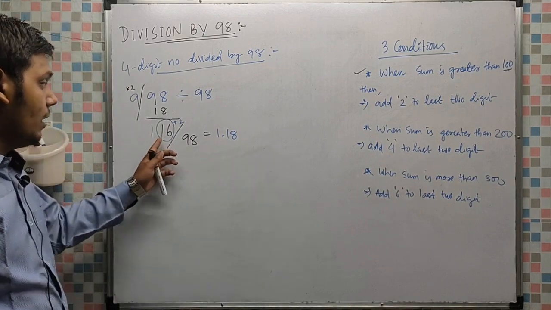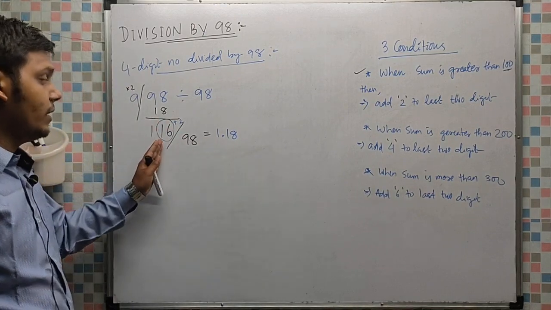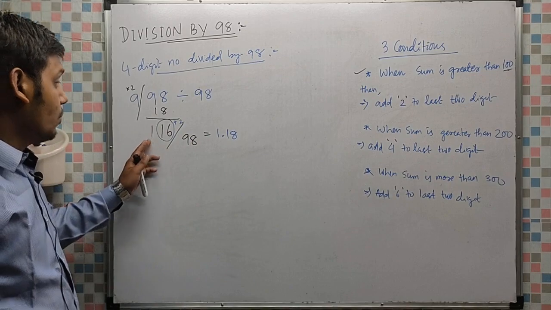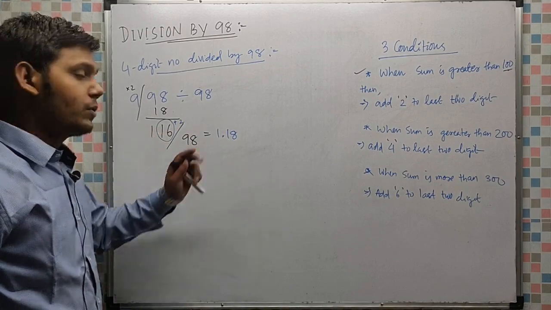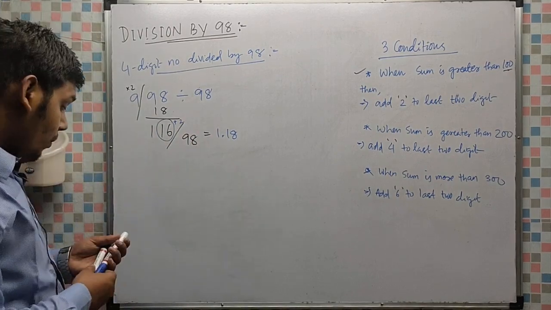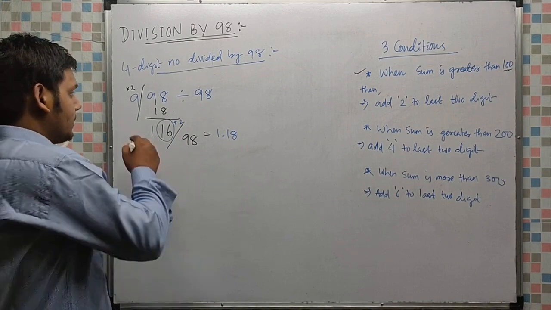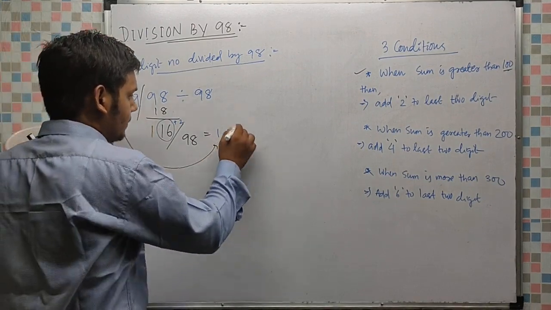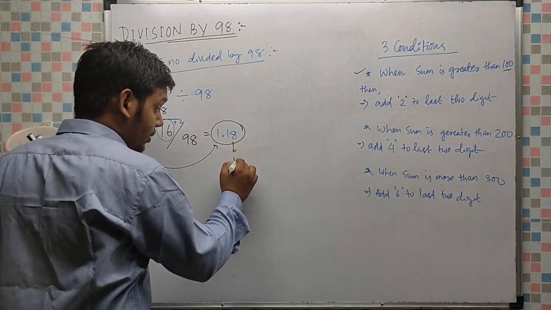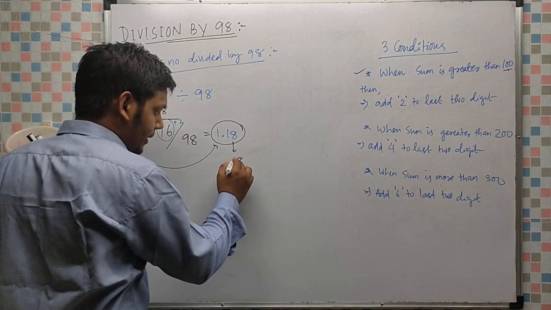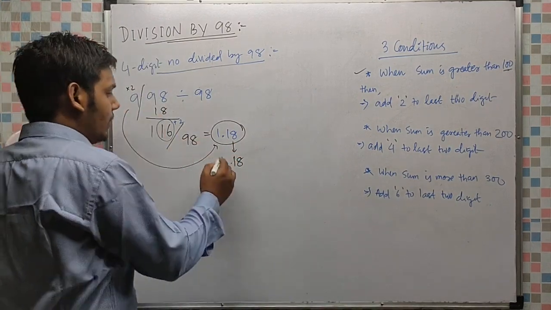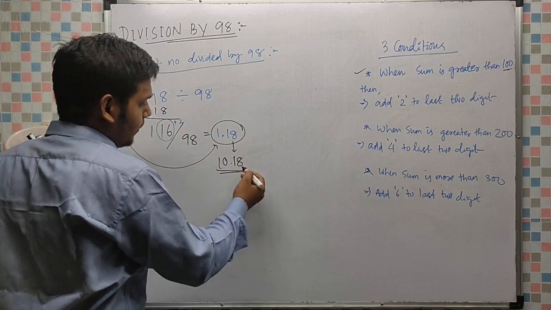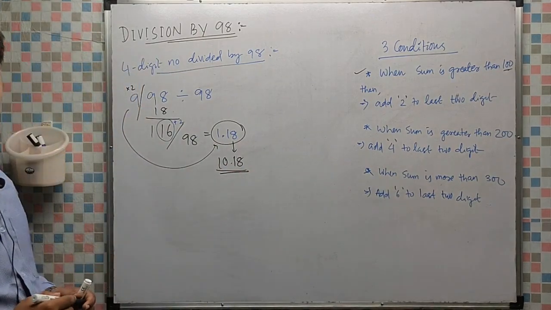So 1 point, last 2 digits plus 2, because 116 is greater than 100. 16 plus 2, that is 18. Now we have to add this. So first write 0.18, then 9 plus 1, that is 10. 10.18 is the answer.